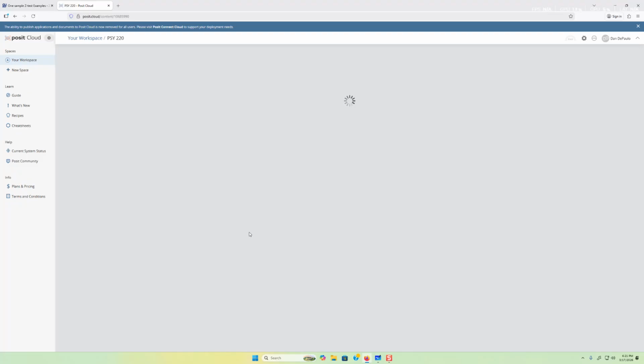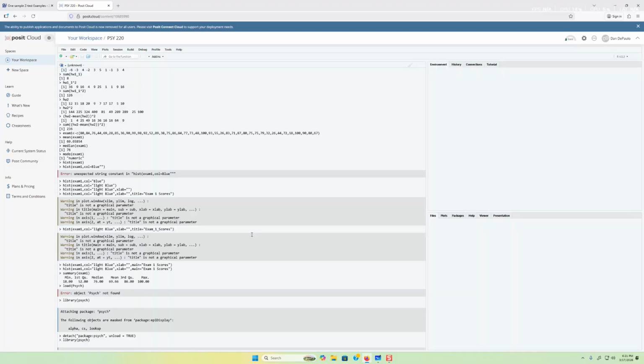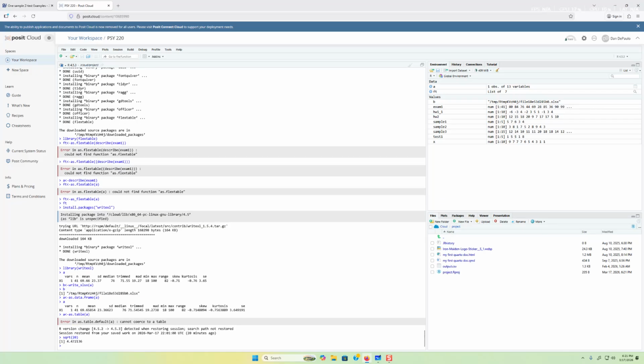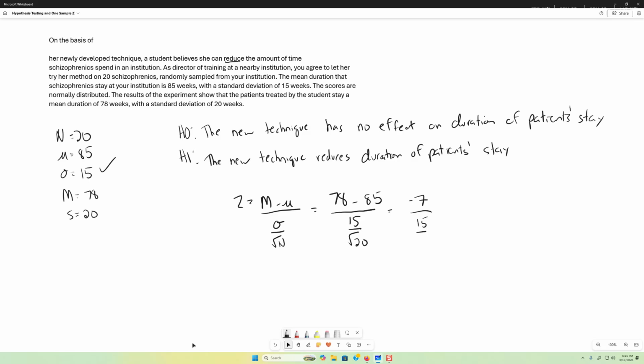If you have your calculator out, you can do square root of 20. It's going to be 2 radical 5, but I don't know what that is. Square root of 20 is going to be equal to 4.47.